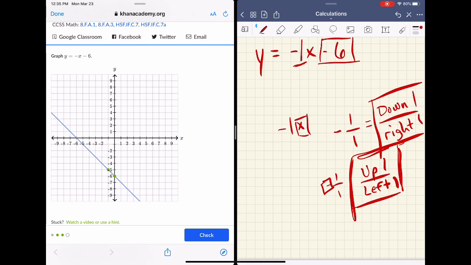But notice each point along this line would either be going down 1, right 1, or up 1, left 1. And either way would be correct, as long as you just have one negative in there.